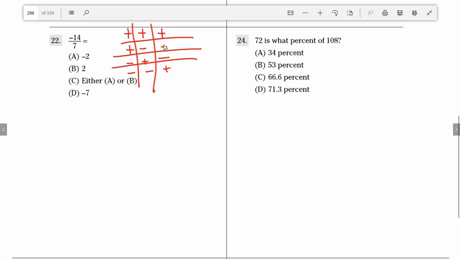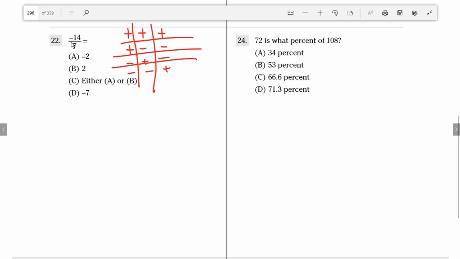Positive times a negative will give you a negative, or a positive divided by a negative will give you a negative. A negative times a positive will give you a negative. A negative divided by a positive will give you a negative. A negative times a negative will give you a positive. And a negative divided by a negative will give you a positive. That is, this signs chart works for both multiplication and division.